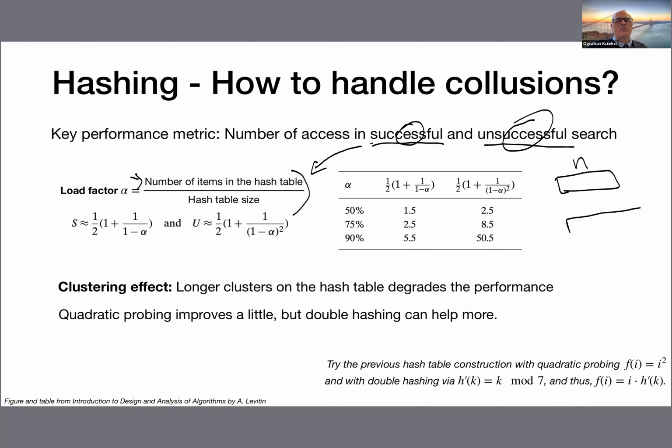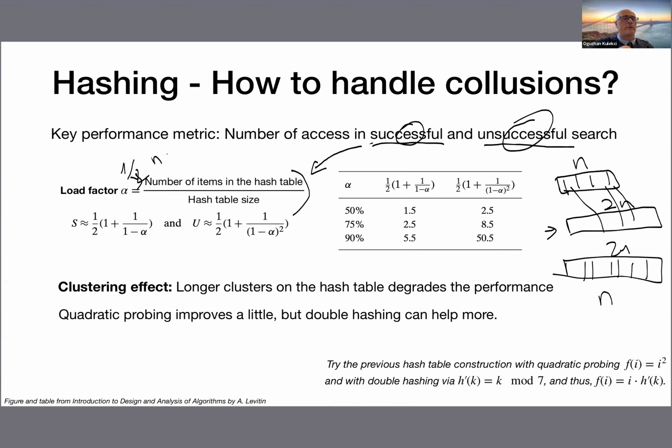Let's assume you choose 2n. Now the hash table size is 2n, and you move those elements to your hash table. There are 2n cells, and n of them are occupied for sure. So your load factor is n over 2n, equal to 1 over 2.